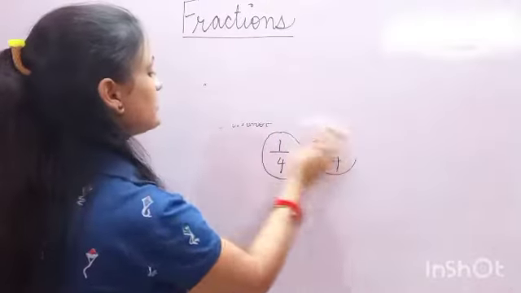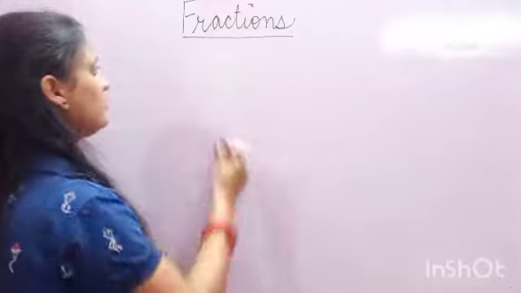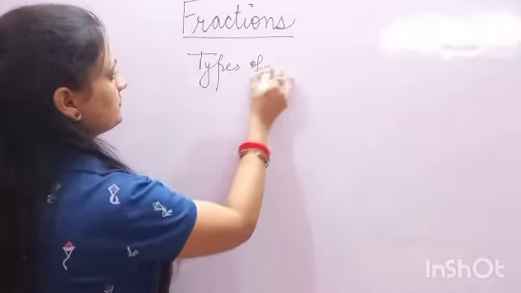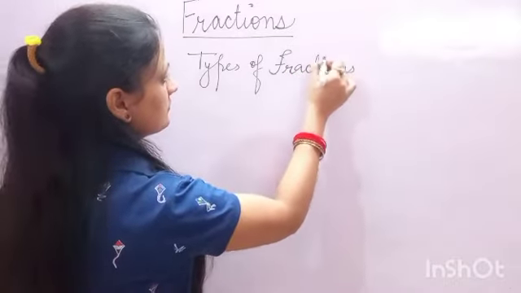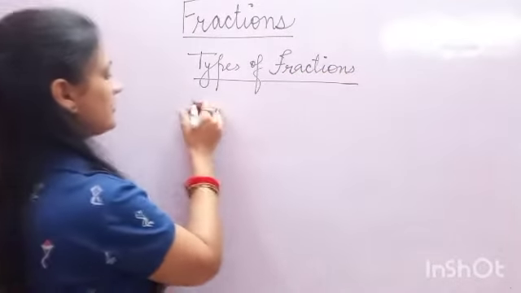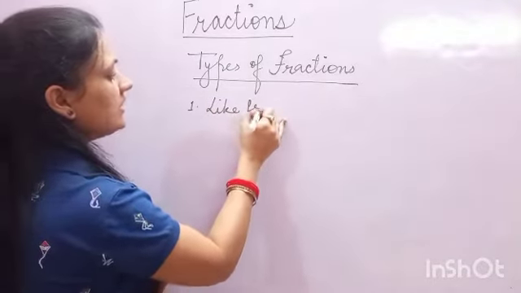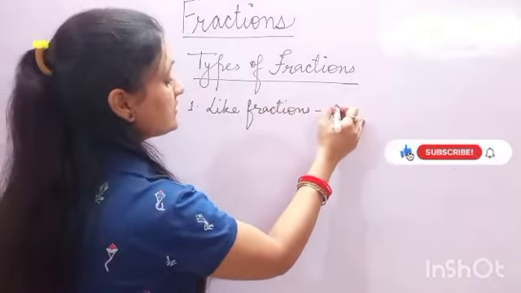Now let us understand types of fractions. Ready? So, types of fractions. First is like fractions. What are like fractions? Like fractions are those in which the denominator is the same.